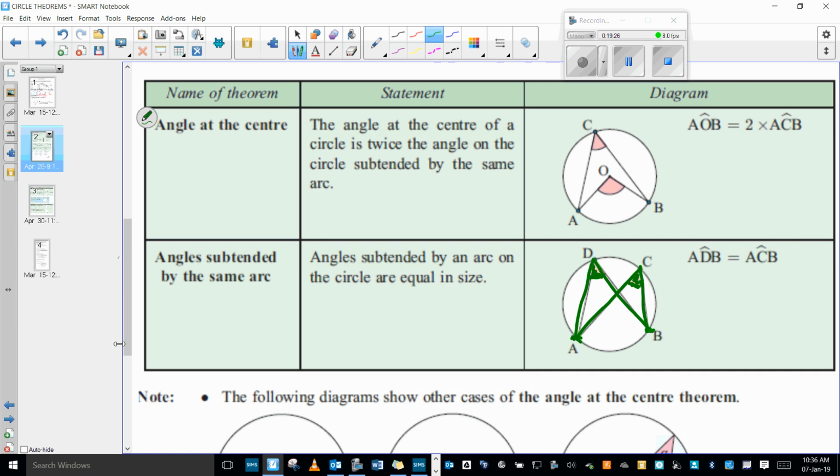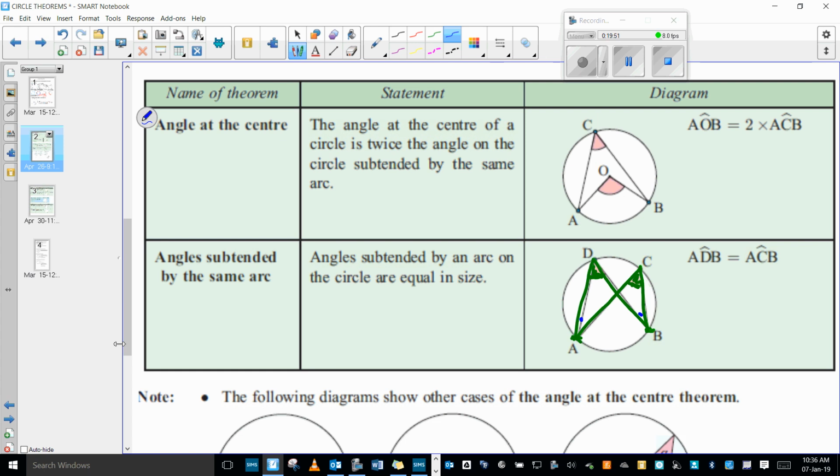Could you draw a line on the bottom? If you wanted to. These ones would be equal because they come from C and D. Same situation.